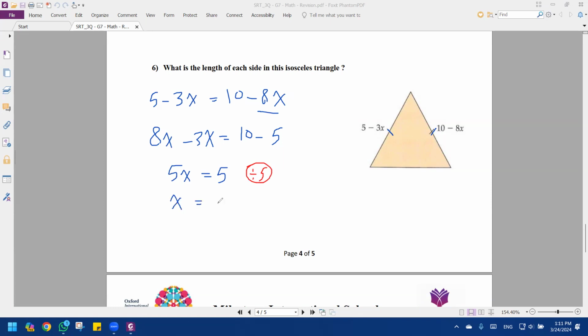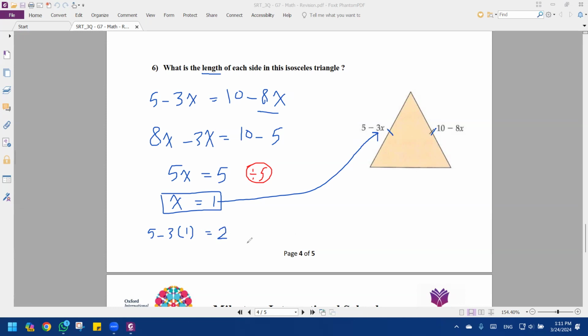X equal to 1. Did we finish solving the question? No. It says find the length. Now I use x, which is equal to 1, in the equation. So I do 5 minus 3 in a bracket 1, which means 3 times 1 is 3. 5 minus 3 is 2.